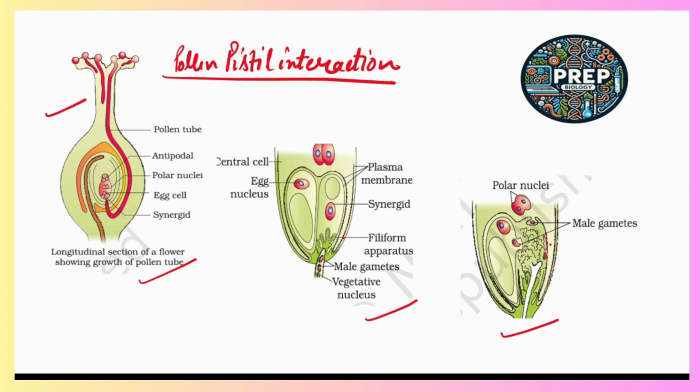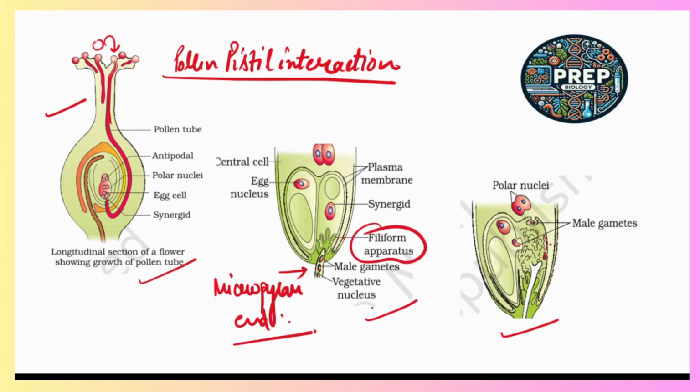So this is the pollen tube. When the pollen lands on the surface of the stigma, the pollen tube emerges, and at the micropylar end, the filiform apparatus is present in the synergid cells.